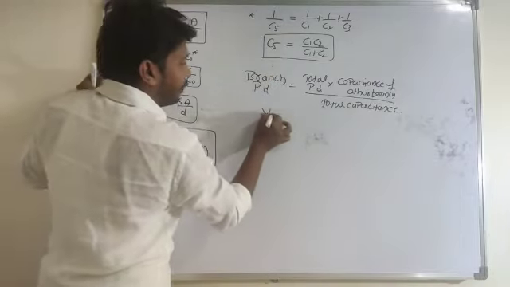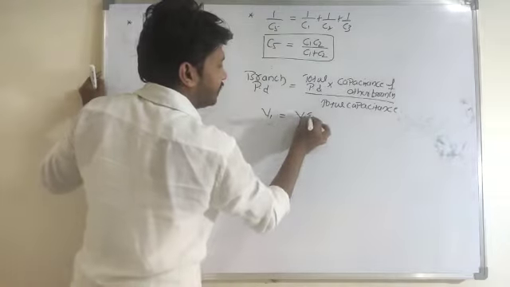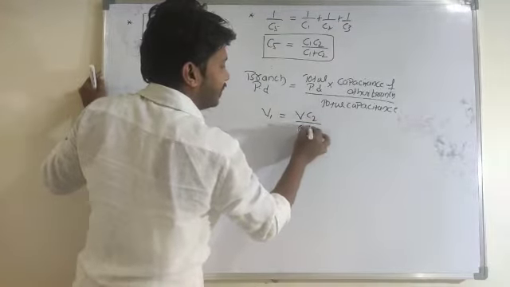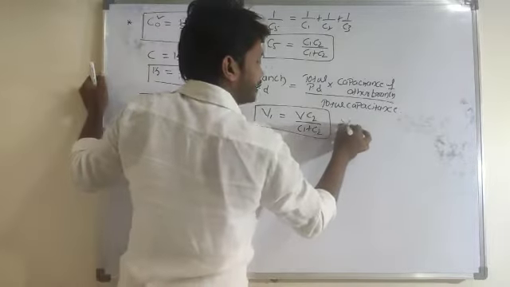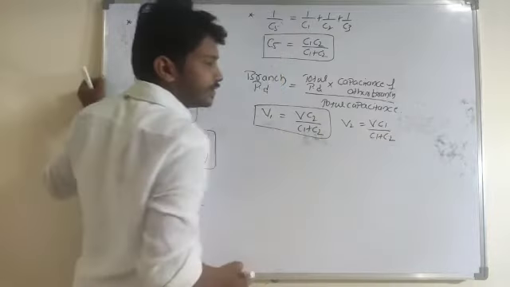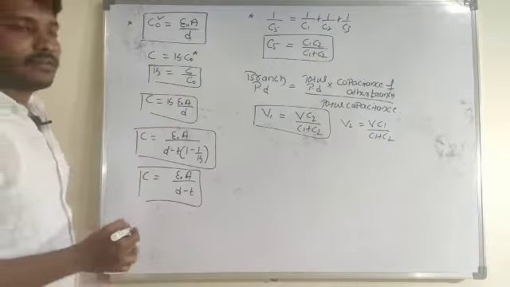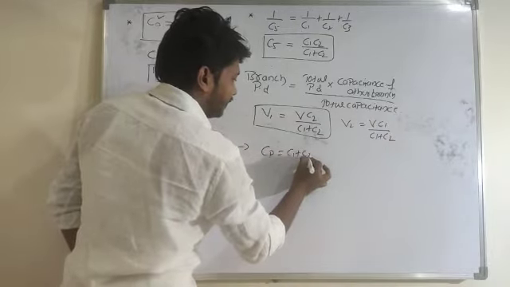So the potential difference across the first capacitor is V1 equals V into C2 divided by C1 plus C2, and V2 is equal to V into C1 divided by C1 plus C2.